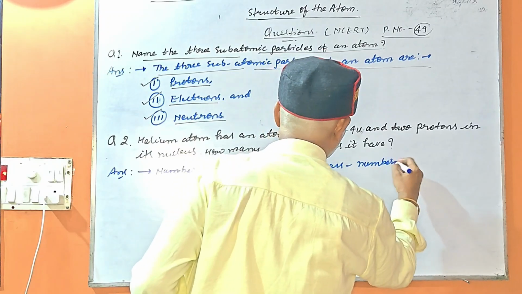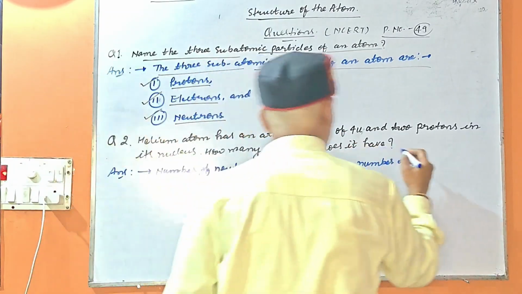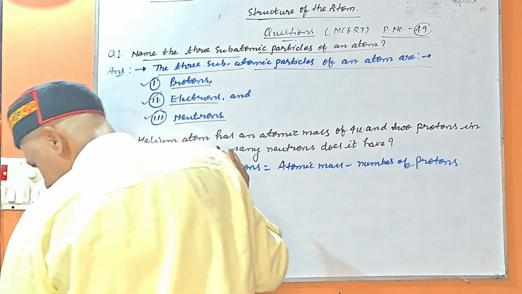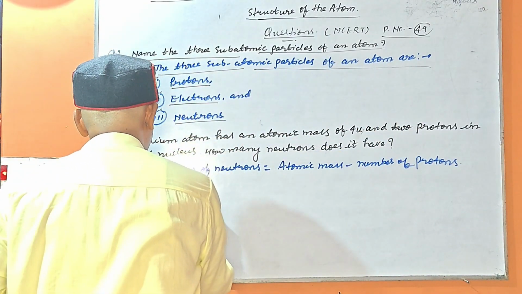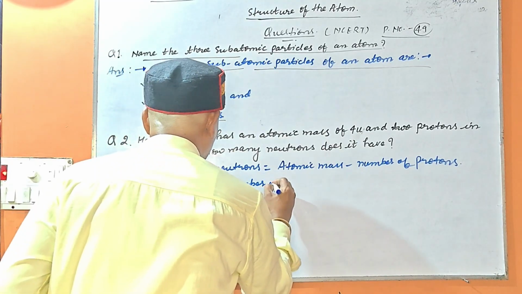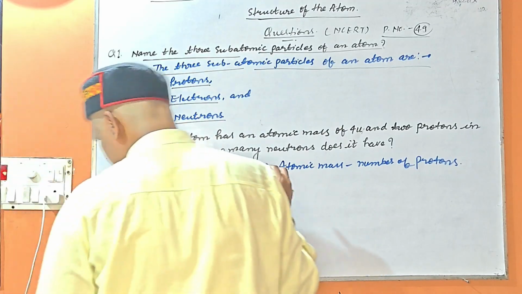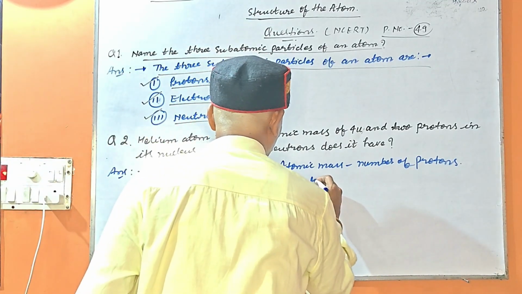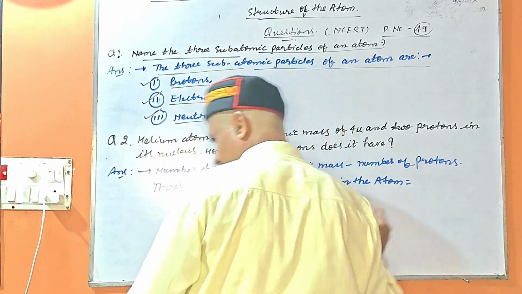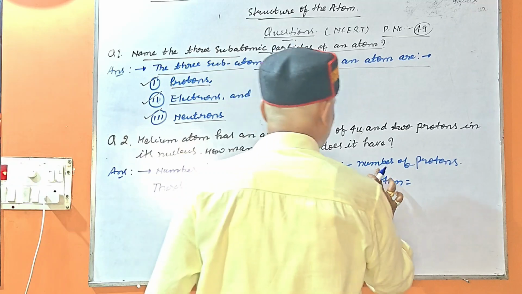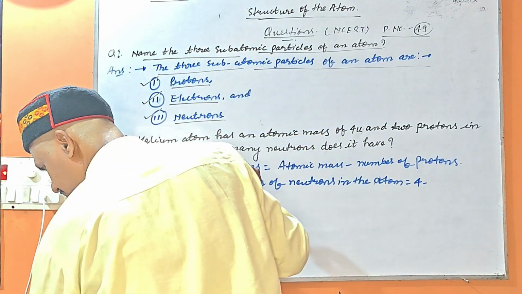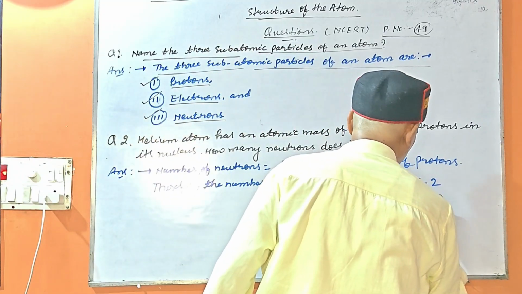Therefore the number of neutrons in the atom is equal to 4 minus 2, which is equal to 2.